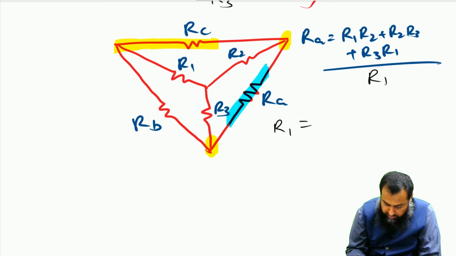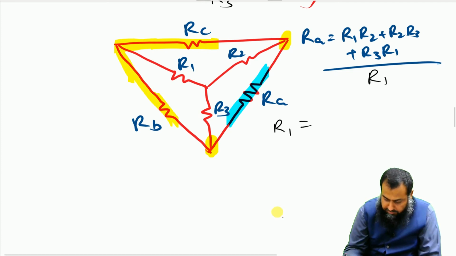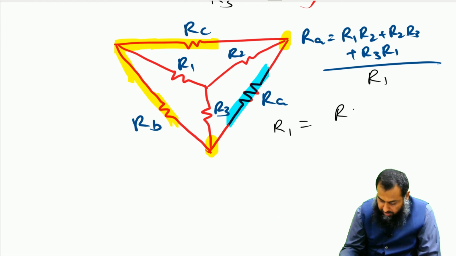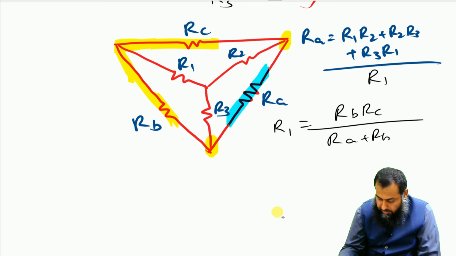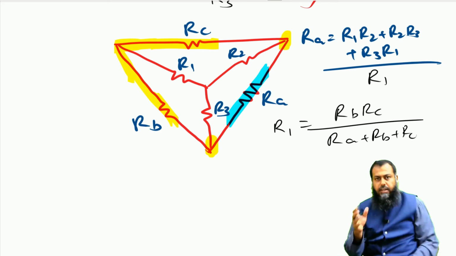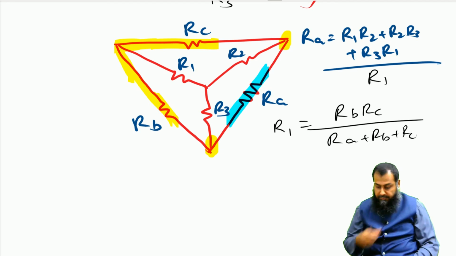RC has a direct connection at this node, and RB has a direct connection here. So R1 becomes equal to RB RC divided by the sum of the resistances RA plus RB plus RC. These are some tiny tricks that always help a student solve a circuit faster during examinations and during their studies.